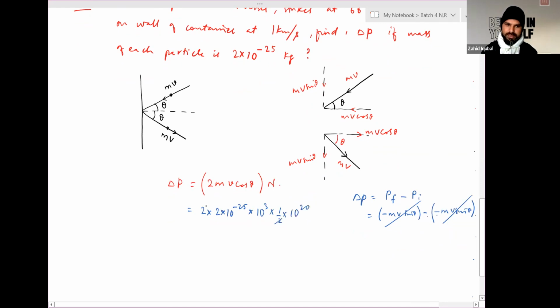So this 2 and this 2 will cancel out. So you're left with 2 into 10 to the power minus 25 plus 3 and plus 20. That will be plus 23. So you're left with just kg meter per second.